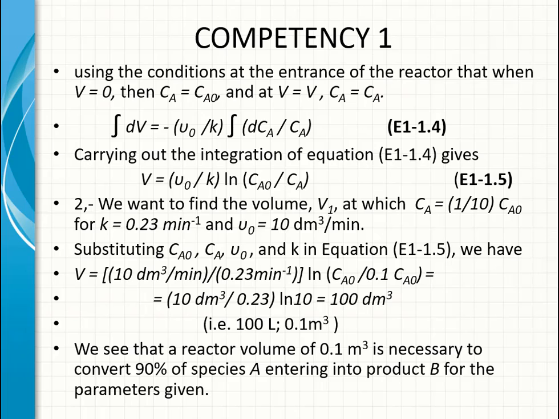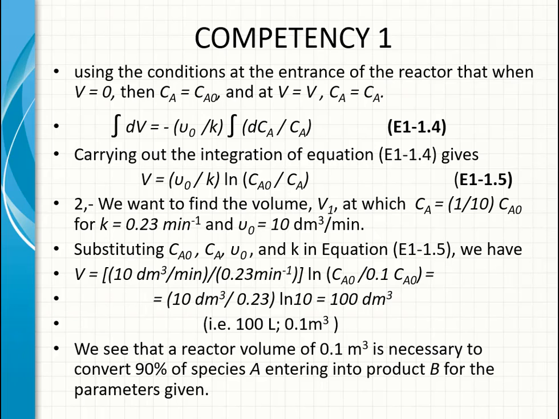So the second question is, what volume V is the one that we require for a concentration at the exit equal to 1/10 of the concentration entering the reactor. That means CA equal 1/10 of CA0, knowing that K is equal to 0.23 minutes to the minus 1, and the volumetric flow rate V0 is equal to 10 liters per minute.